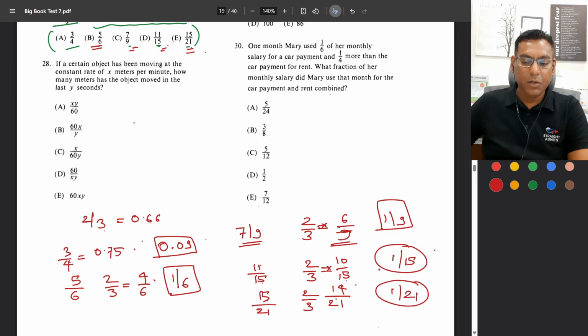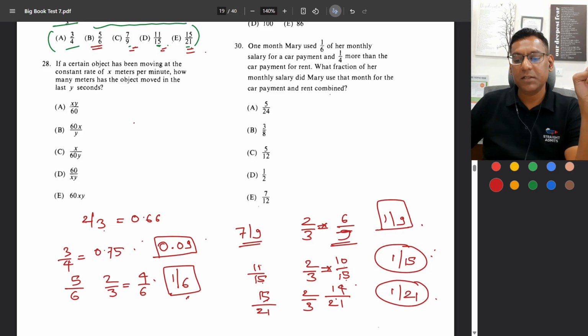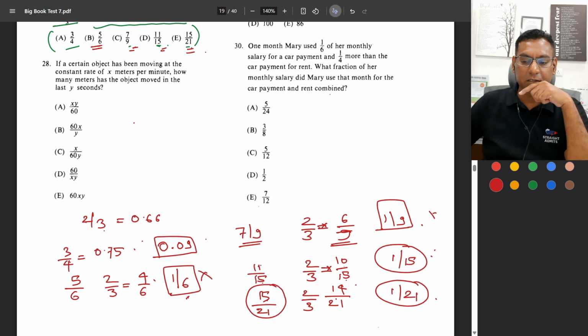So now out of these, I know that this is some number, a smaller number is this, an even smaller number is this, an even smaller number is this. So let me eliminate these answer choices. Okay, these are gone. I need to find out the smallest, right? So this is 1 by 21, this is 0.09.